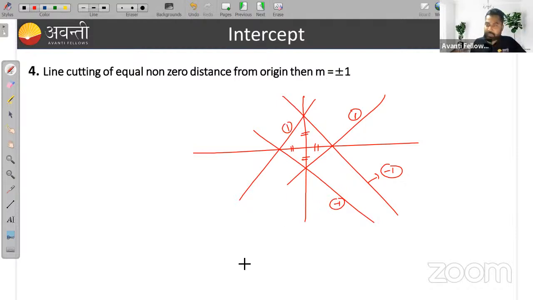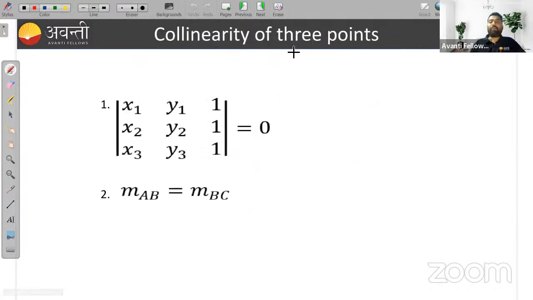I hope this is clear to everyone, because we are revising all these concepts. Collinearity of 3 points: if 3 points are lying on a line, then we say these 3 points are collinear.